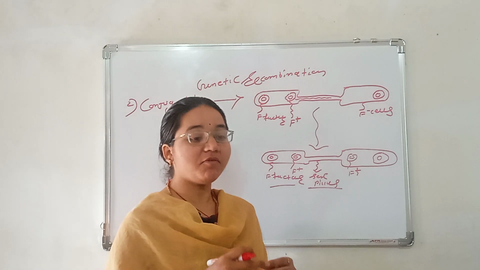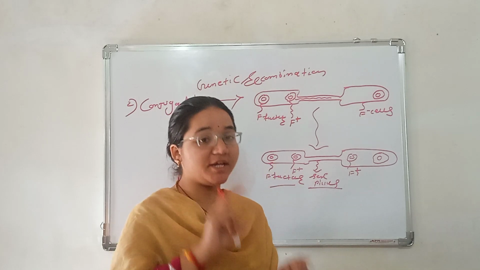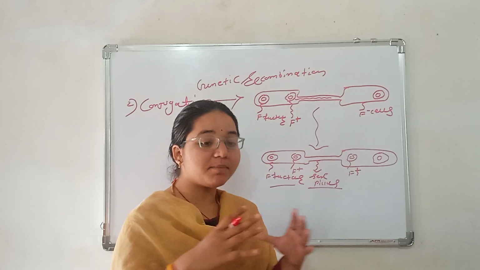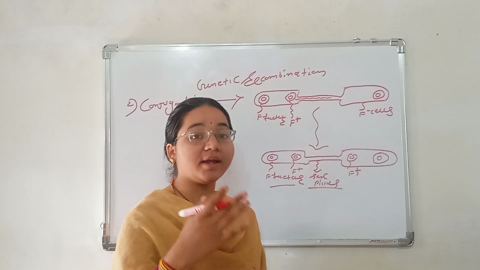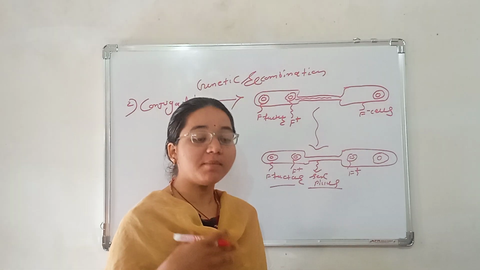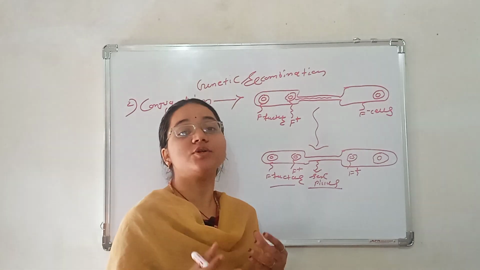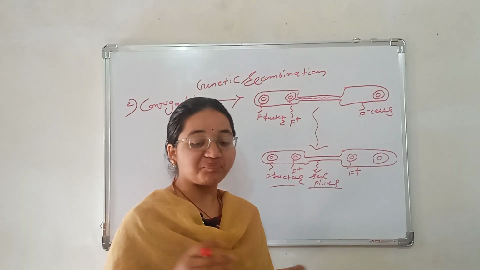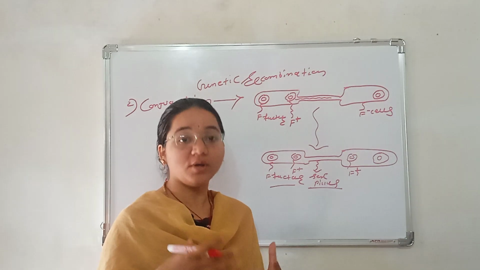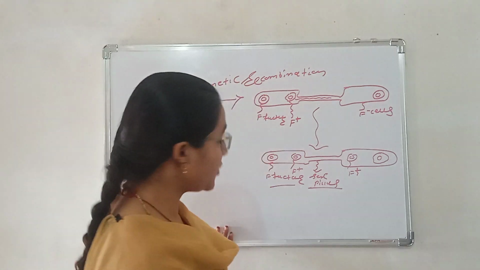So we combine the two strains with each other and they complete each other's requirements. Then they grow on the plate, so we can easily isolate these colonies, this bacteria, this strain. Okay, take a screenshot of this, guys.